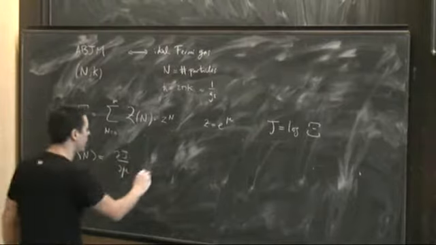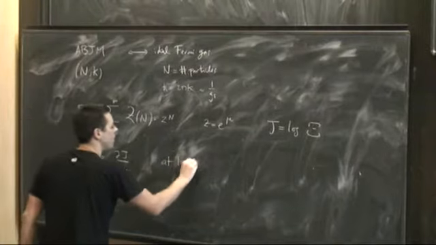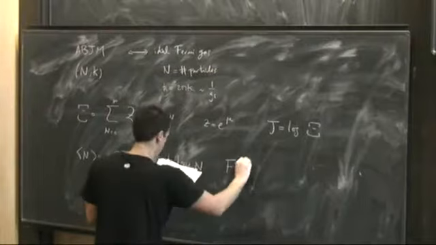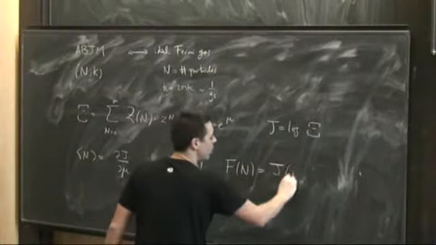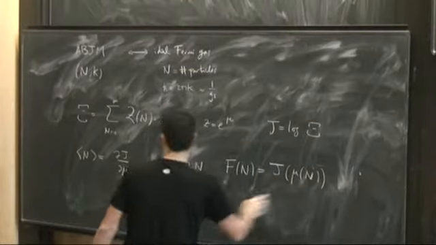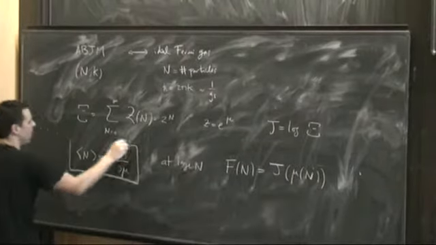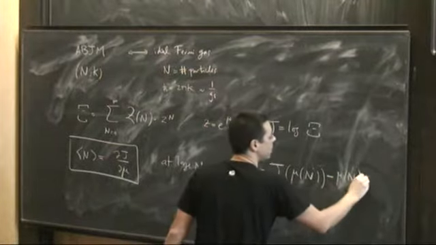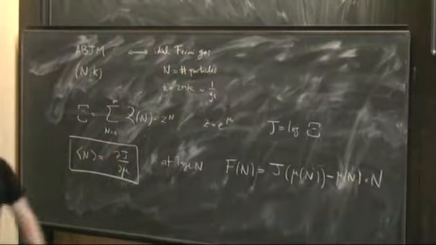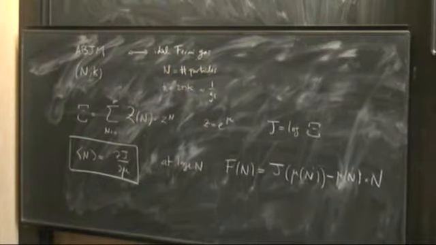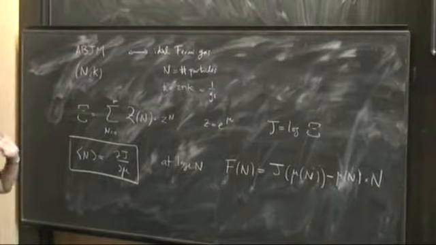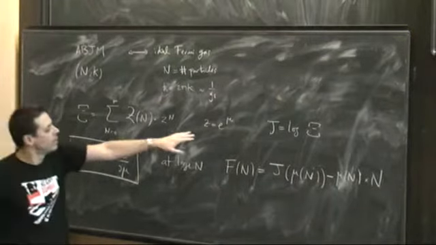And if you compute this at large N, in the thermodynamic limit, all ensembles are equivalent, so you can compute the free energy as J of mu, as a function of N, which you find from this equation, minus mu as a function of N times N. So this is again the standard Legendre transform that you use to go from one ensemble to the other.